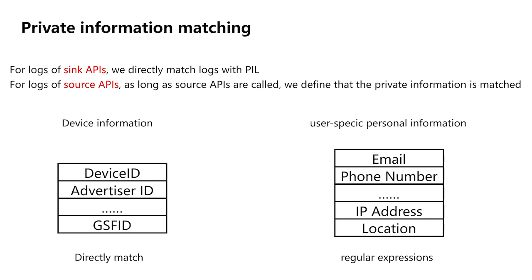Device information is generally a specific string, so it can be matched directly in the monitor log. And for the user-specific personal information, it has a certain format, so we can use regular expressions to match it.